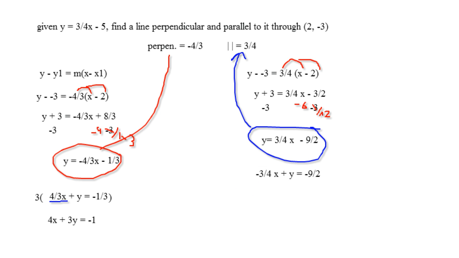And what we would do is we would probably multiply everything by negative 4, just to get rid of that negative right here. So what this becomes is 3x minus 4y equals 18. And when you multiply it out, make sure you check with Desmos.